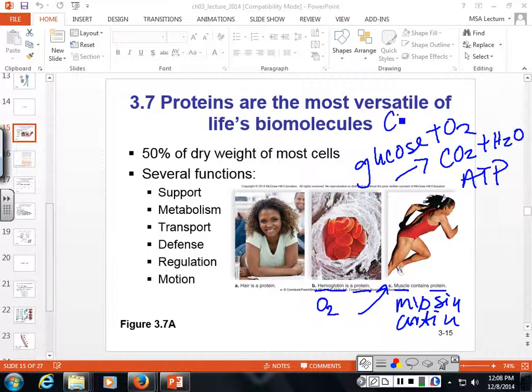This is called cellular respiration. So why do we breathe in oxygen and why do we consume food in terms of glucose? Because we're trying to make energy so that we can do this. Hair is a protein. So we have lots of proteins that carry out various jobs within the body.